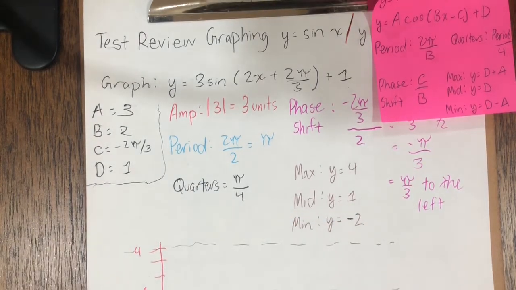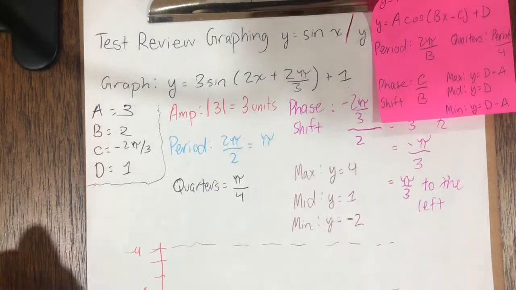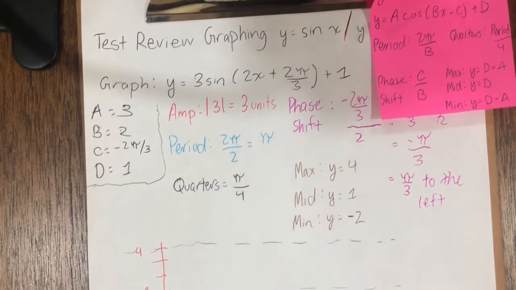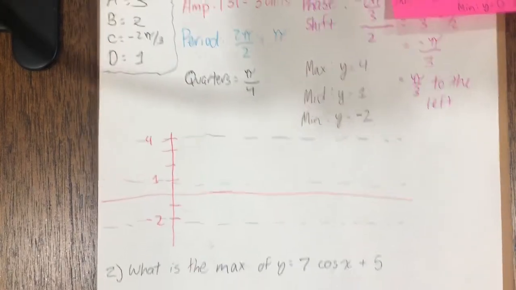Okay? And then we're going to figure out the x values. In reality, all we really need are 5 numbers.